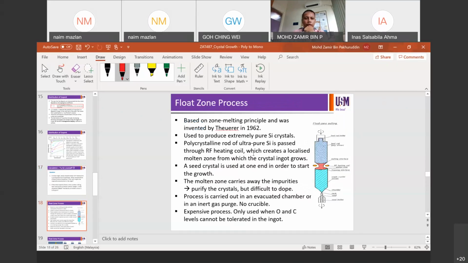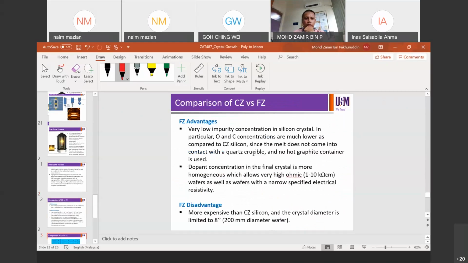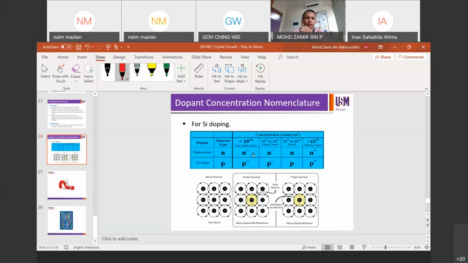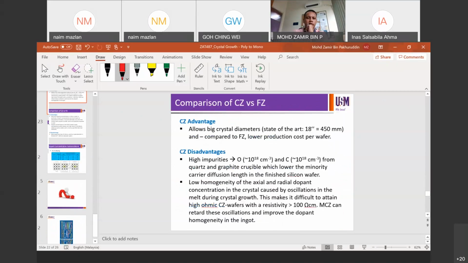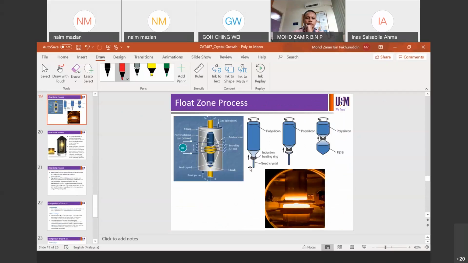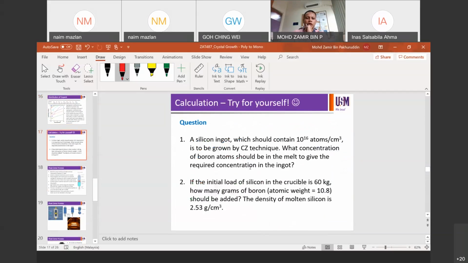We're going to look at float zone next week, and then we're going to look at the comparison between FZ and CZ process as well after we've covered the float zone process. Try to do the calculation first, and then on Monday I'll probably call you to share your calculation on the screen, and then we discuss.